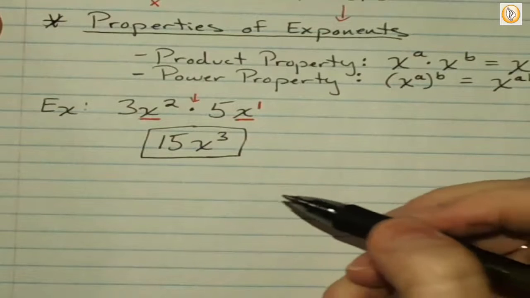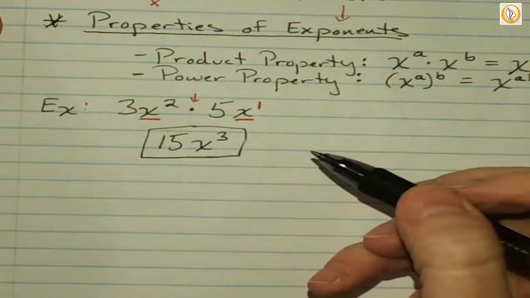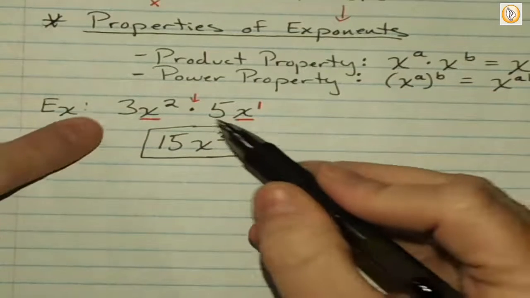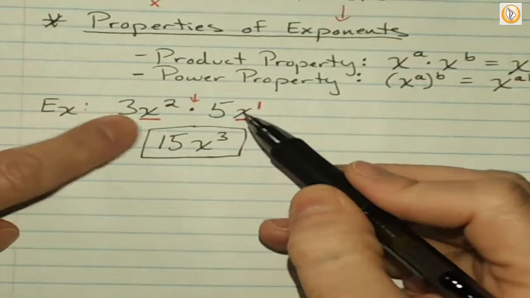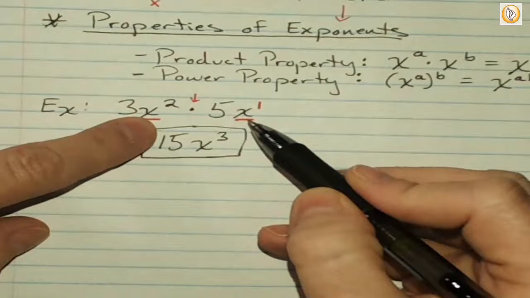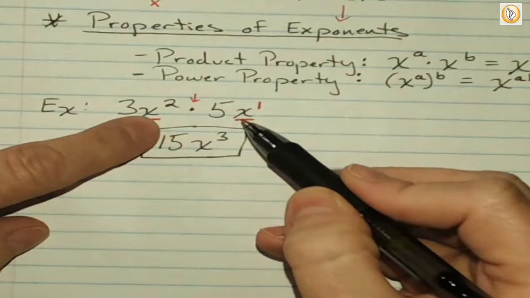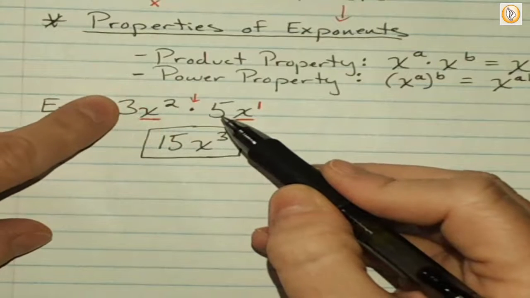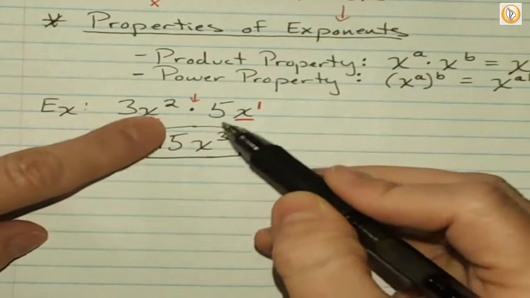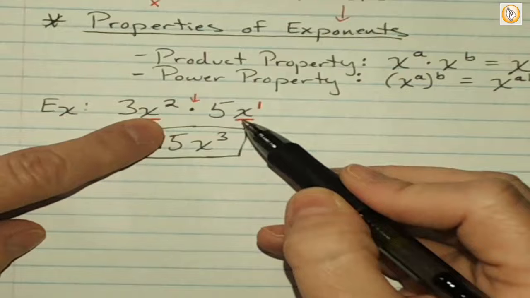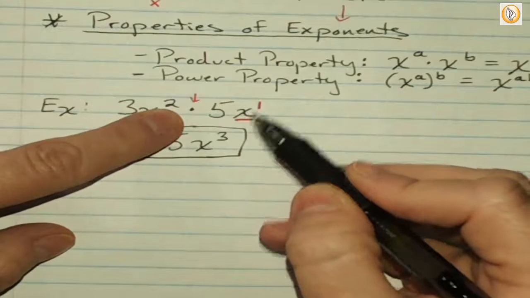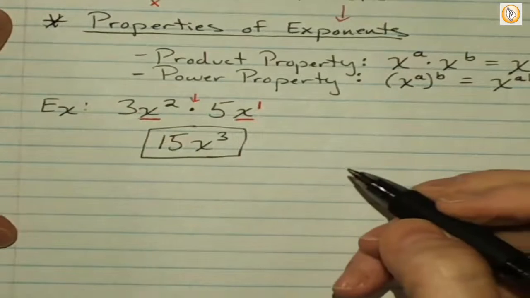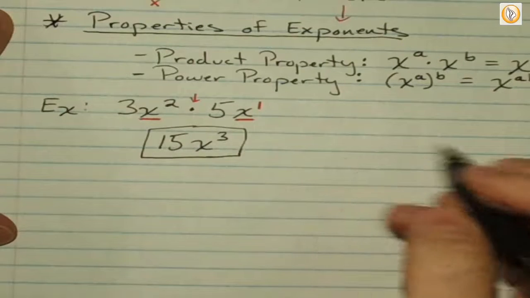Any questions about what I did? Okay, so the numbers don't have to be the same because the exponents are attached to the variable. The variables are the same. So 3 times 5 is 15. The bases are the same. We're multiplying, so you just do 2 plus 1. It's 3. Any questions?